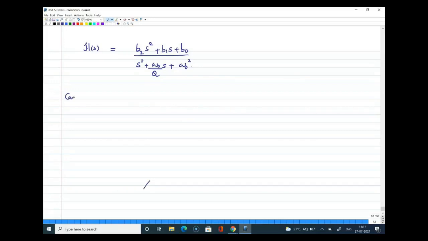Let us take case 1 where b2 equal to 0 and b1 also equal to 0. If these two coefficients are equal to 0, I can write the transfer function H of s as b naught divided by s square plus omega naught by Q into s plus omega naught square.